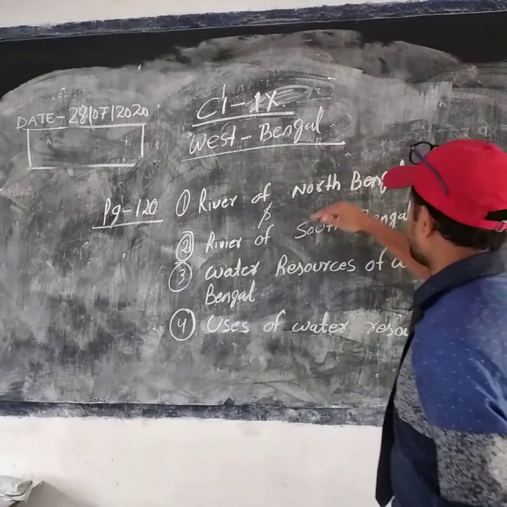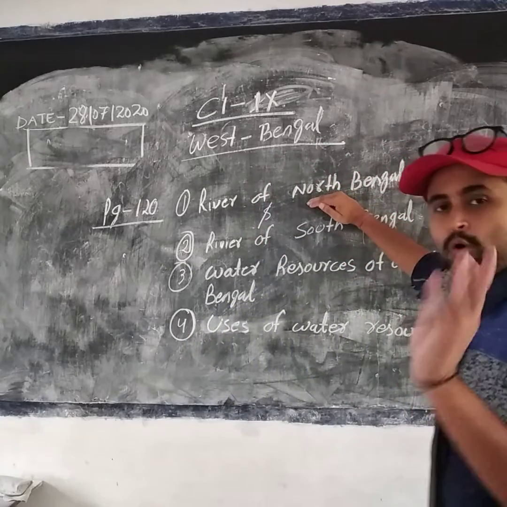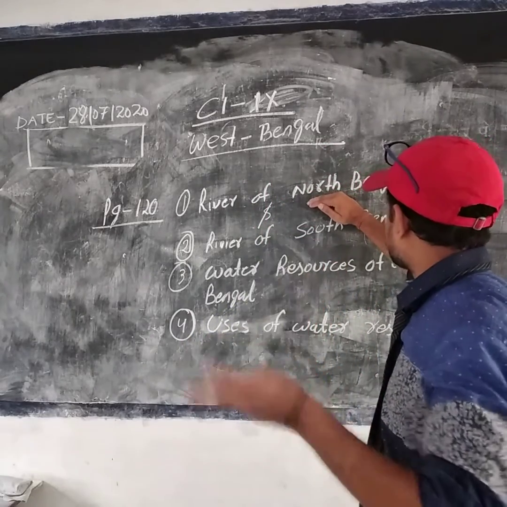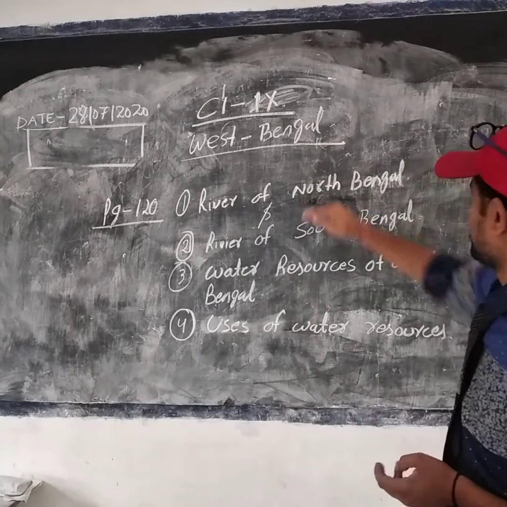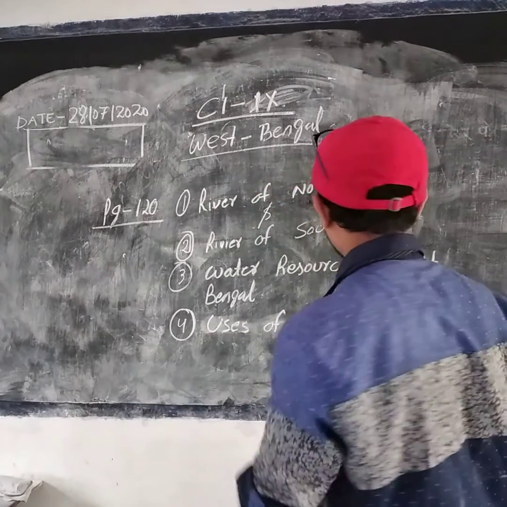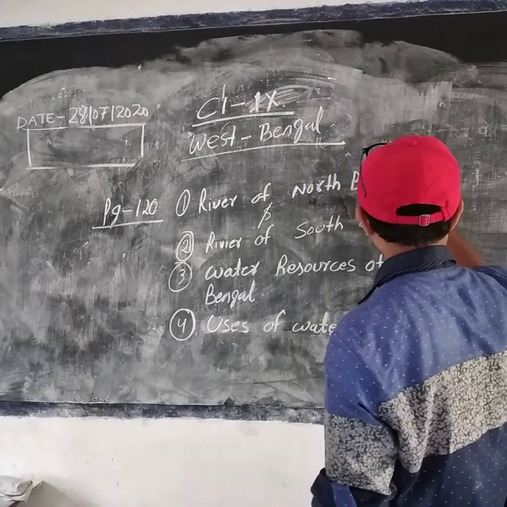So, rivers of North Bengal. First, we have to know which all are the rivers. What are the names of the North Bengal rivers, my dear students? We will write point wise.